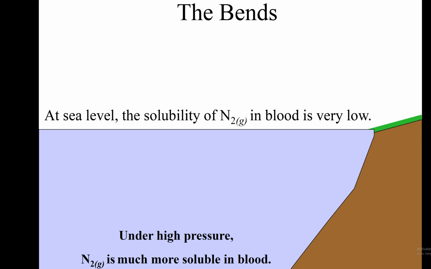So here's a classic example called the bends. The bends is an example where anybody who scuba dives underwater is going to get a solubility of N2 in the blood. At sea level, you don't really get a lot of the N2 inside your blood, thankfully. However, once you get to high pressure, you increase that pressure, the N2 gets more soluble, and now we're having issues.